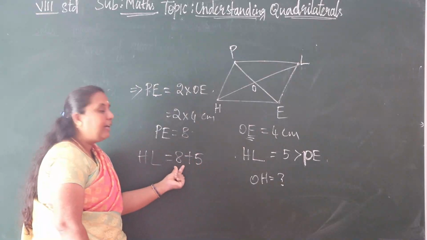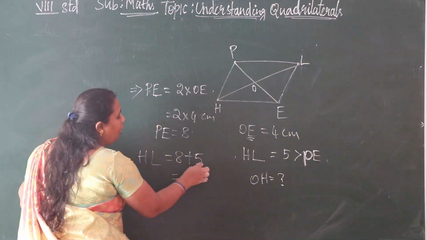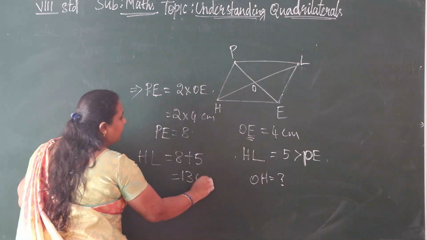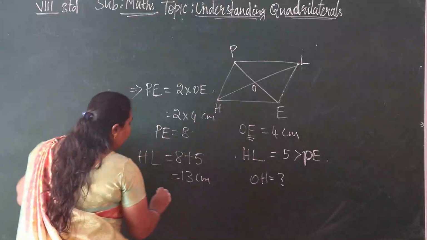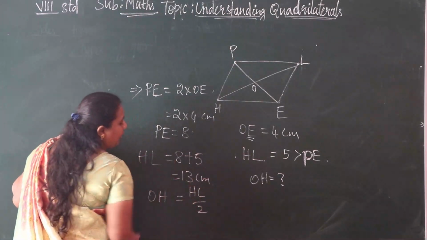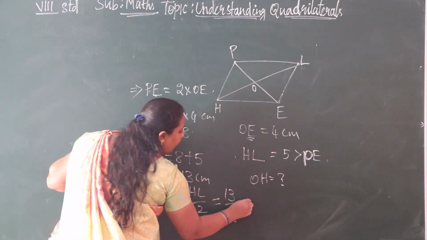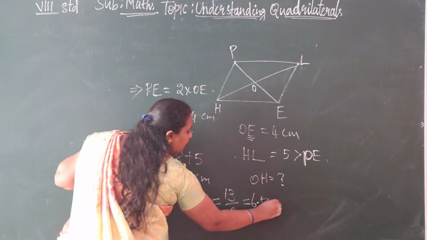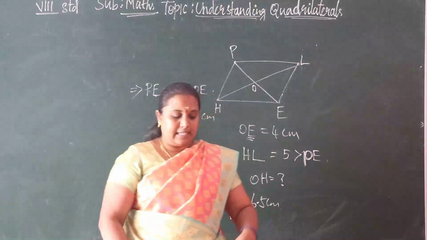That is equal to how much? 13 centimeters. So now we want to find out OH. OH equals HL divided by 2. So HL is 13, and 13 divided by 2 we get 6.5 centimeters. So OH equals 6.5 centimeters.